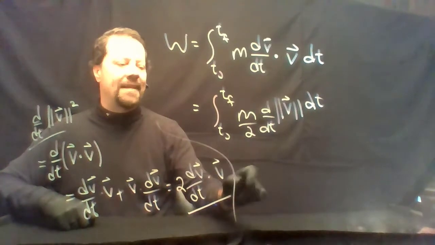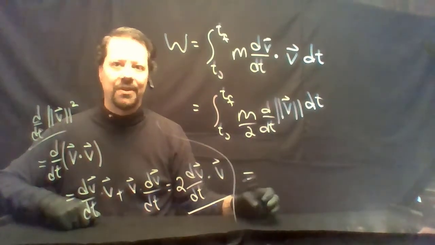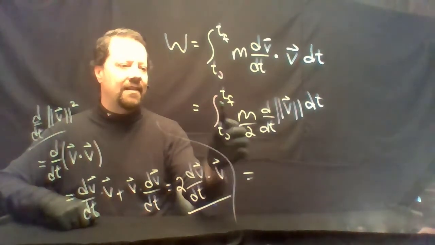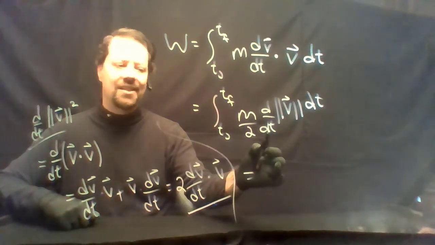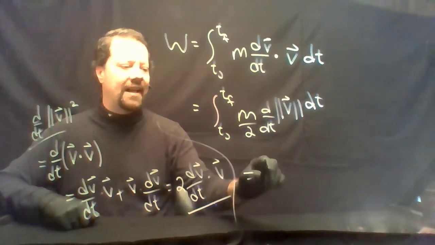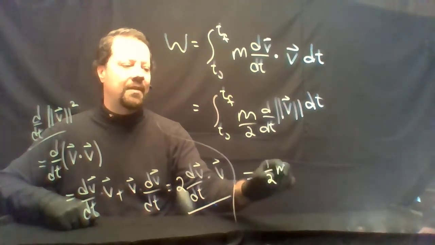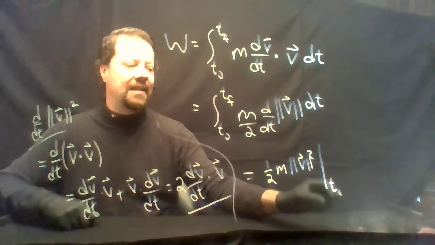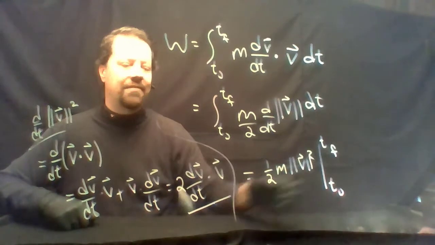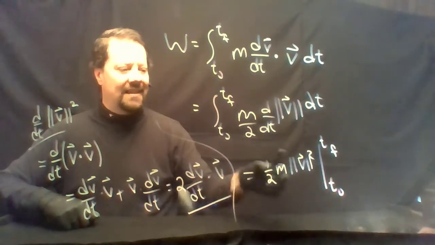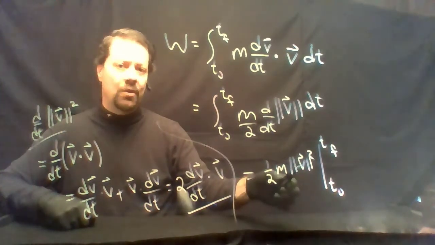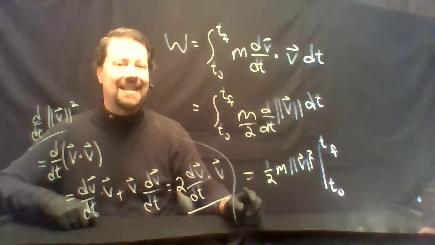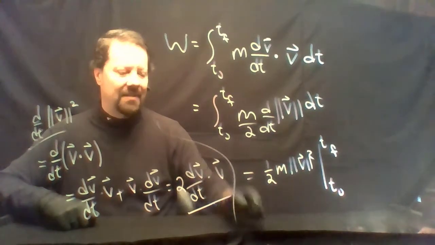If we assume that the mass is constant, which we'll do here, then the integral of the derivative will cancel each other out. And what we'll have is 1/2 m times the norm of velocity squared evaluated from t0 to t final. Now 1/2 m times the norm of velocity squared is the kinetic energy.